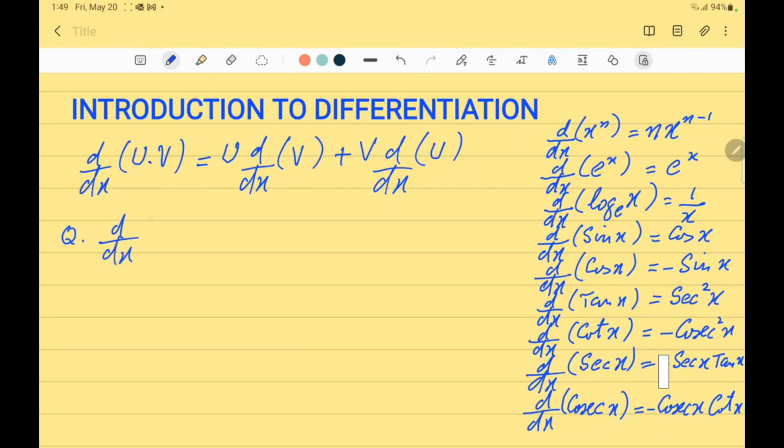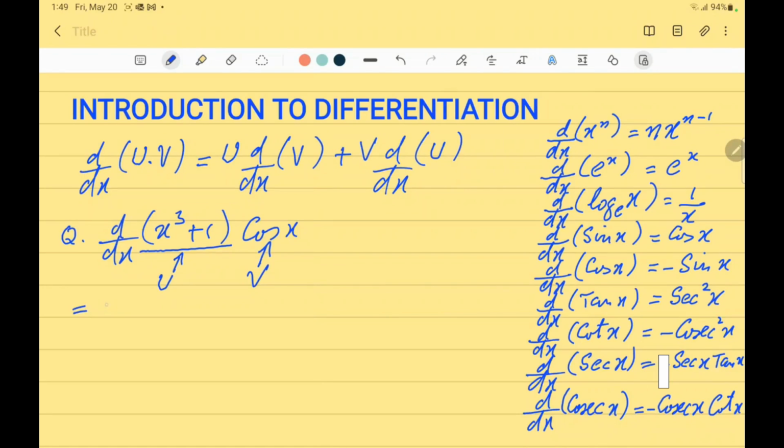d by dx of x cube plus 1 into cos x. Okay, in this case this is u and this one is v. Okay, let's apply our formula.